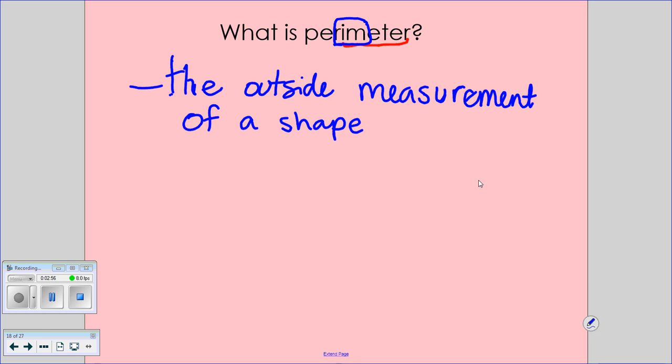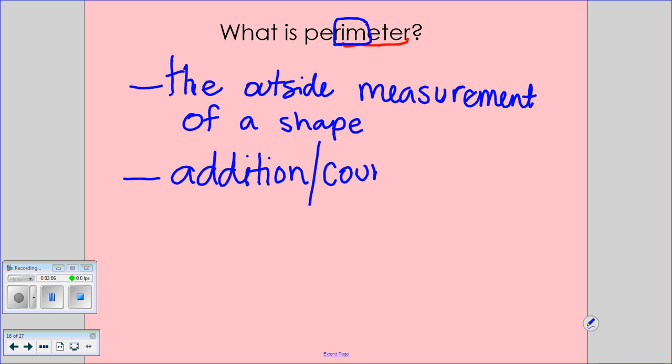So perimeter pretty much only uses the operation of addition through counting, because you are adding up all those outside spaces. So perimeter pretty much just uses addition or counting, right?